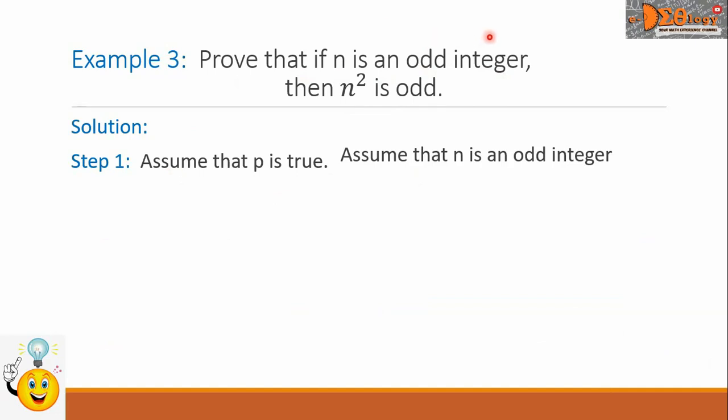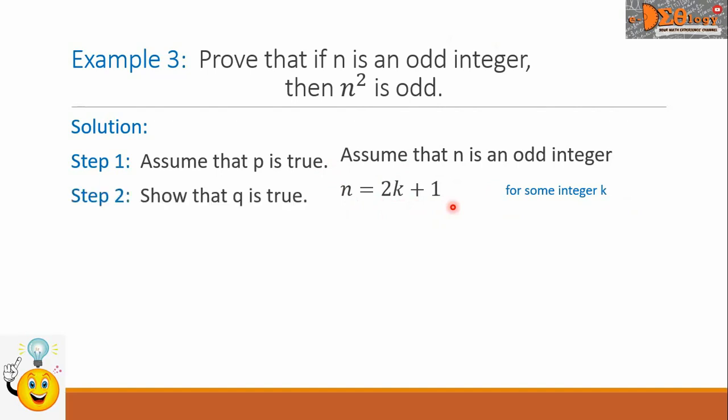If so, we may write that n equals 2k plus 1 for some integer k. This is the general form of an odd integer, which is 2 times an integer k and then plus 1. Now step 2 is we're going to show that Q is true. So we're going to show that n squared is odd.